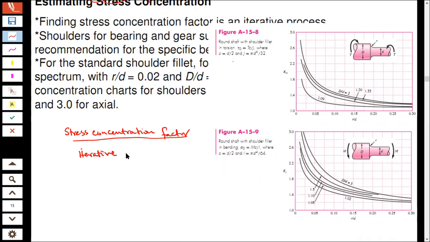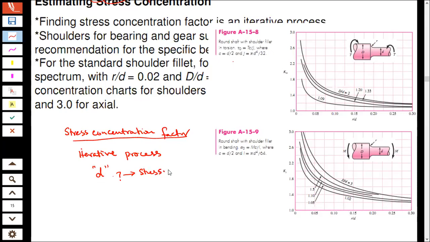Why? Because first of all, you should know the diameter of the shaft D at the place where you want to find out the stress concentration factor. And again, from this D, you will be able to calculate the stress concentration factor, right?